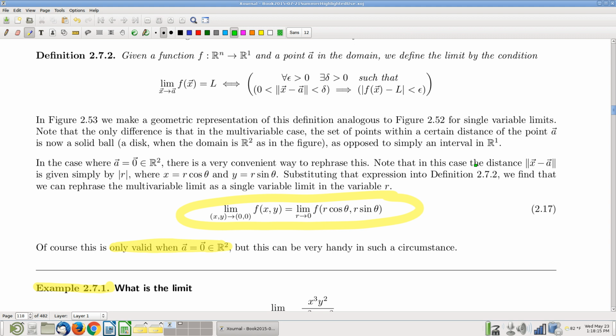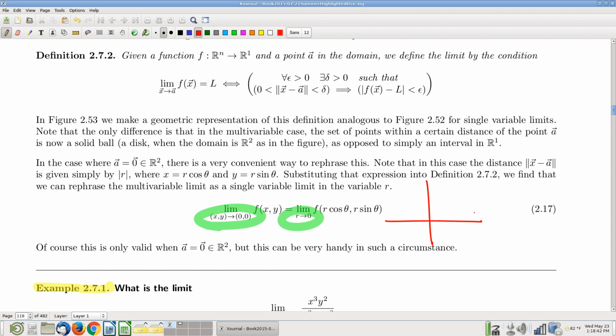Don't inadvertently over-apply this idea, because it doesn't work except in very special circumstances, and that is if you're looking at a multivariable limit and you are approaching the origin. It turns out that approaching the origin is the same as saying your polar coordinate r is approaching 0. Just draw the pictures.